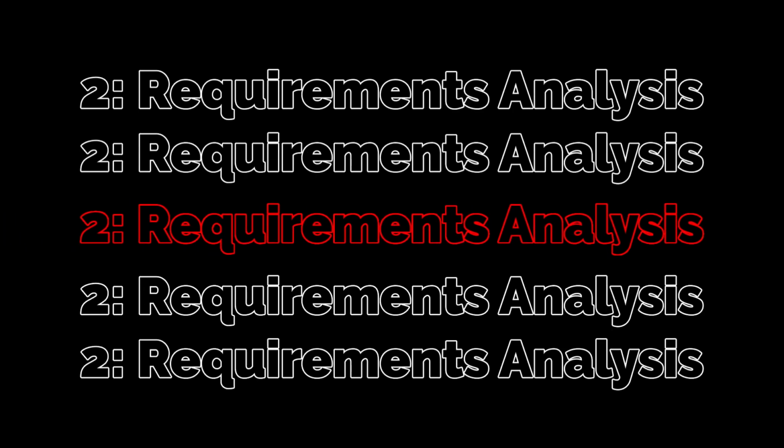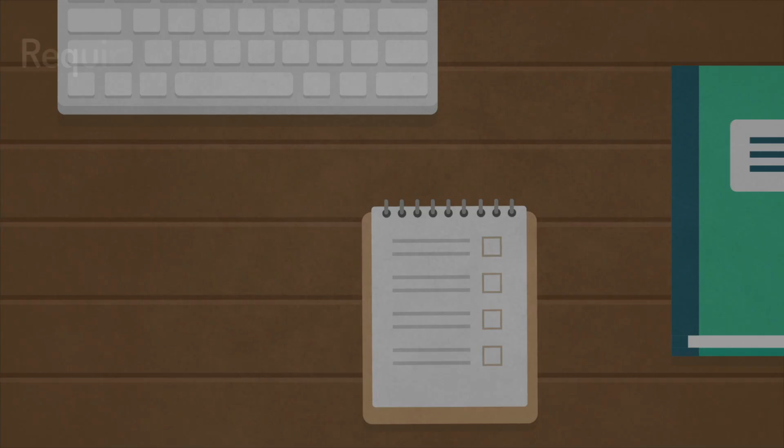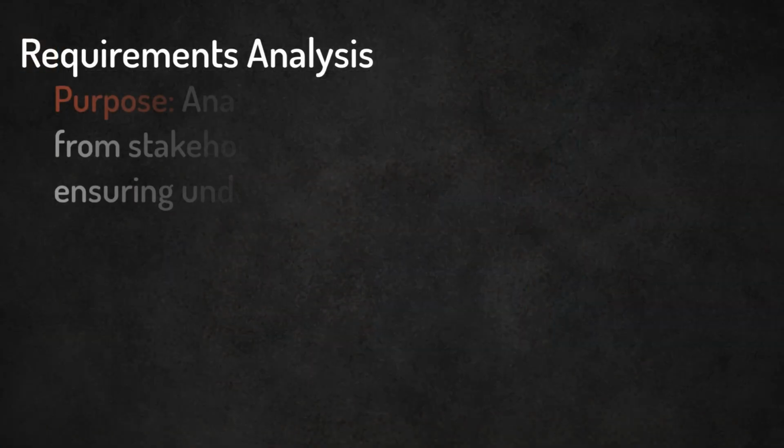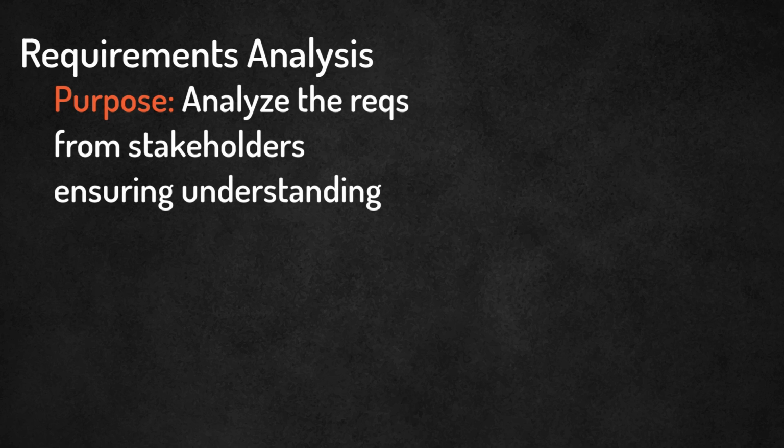Next up, we're going to have step 2, which is our requirements analysis, making sure we are crystal clear on everything that needs to be done. And of course, this is another really important area with a purpose of gathering and analysing the requirements from stakeholders to ensure a clear understanding of what the software needs to do.